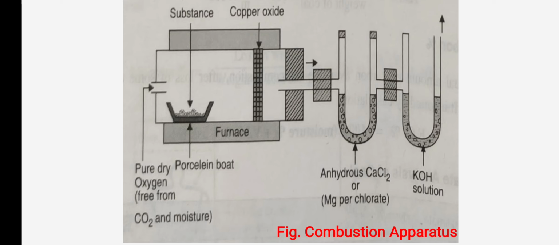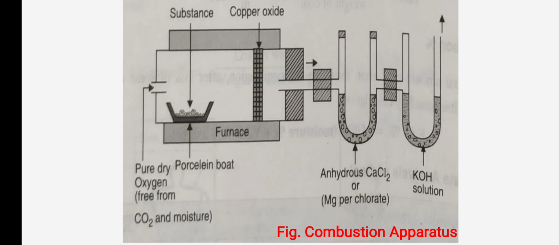Now in presence of oxygen, burning of coal or substance starts. During burning, carbon and hydrogen convert into their gases, that is CO2 gas and H2O vapor. There is a copper oxide film that allows CO2 and H2O gas to pass. Now the CO2 and H2O coming out from the furnace pass to two U-tubes.